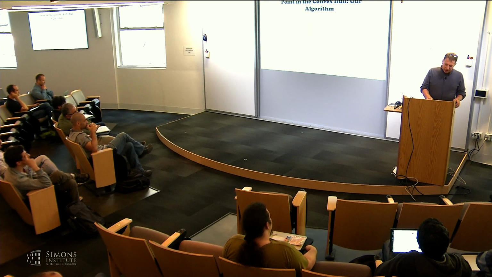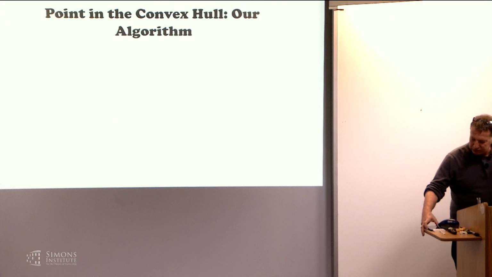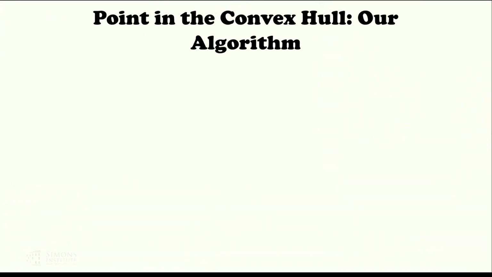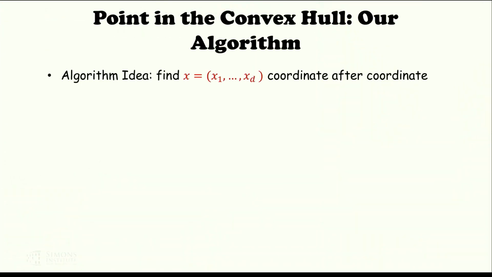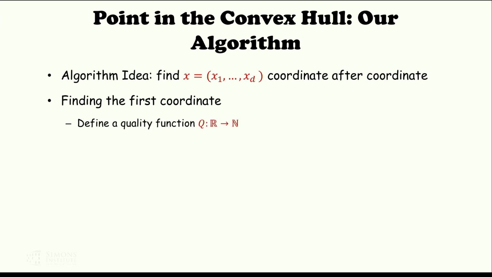So let's go into the details of our algorithm. The algorithm has to find a d-dimensional point with high Tukey depth. So we'll find the point coordinate by coordinate. We'll first explain how to find the first coordinate, and the other coordinates will be found similarly.